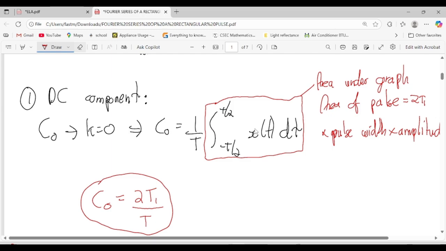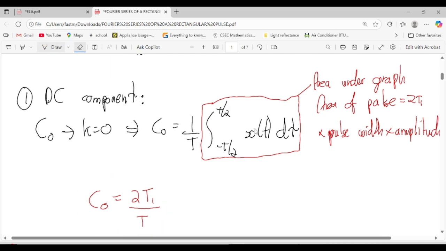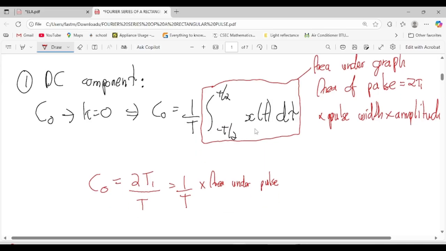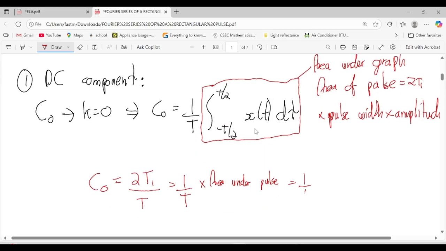So really, if you're still confused, it's just 1 on T multiplied by the area under the pulse, which in this case, assuming the amplitude is 1, will just be 2t1. When you put it together, 2t1 on T. Okay, so that is where Sir got C0 is 2t1 on T from, right?